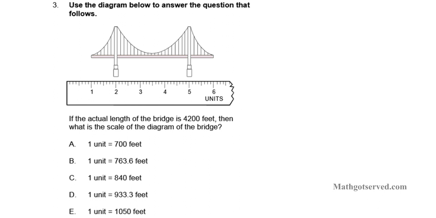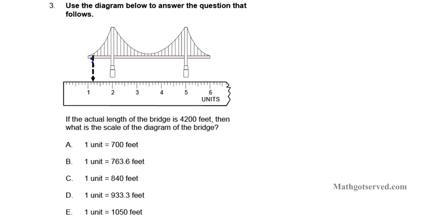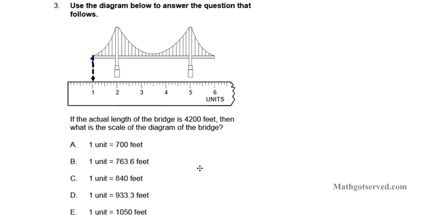So if we look at this ruler and the bridge, let's project the length of the bridge onto this ruler. This is the starting part of the bridge, and it starts at 1, and then where does it span? It goes as far as this point right here, to 6.